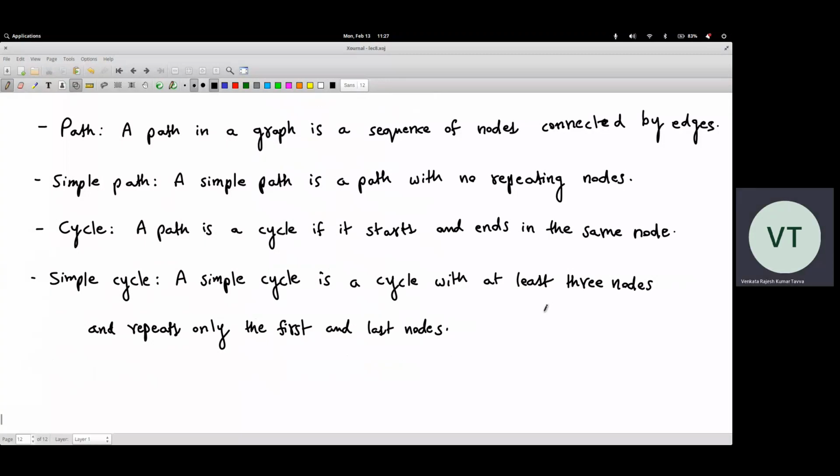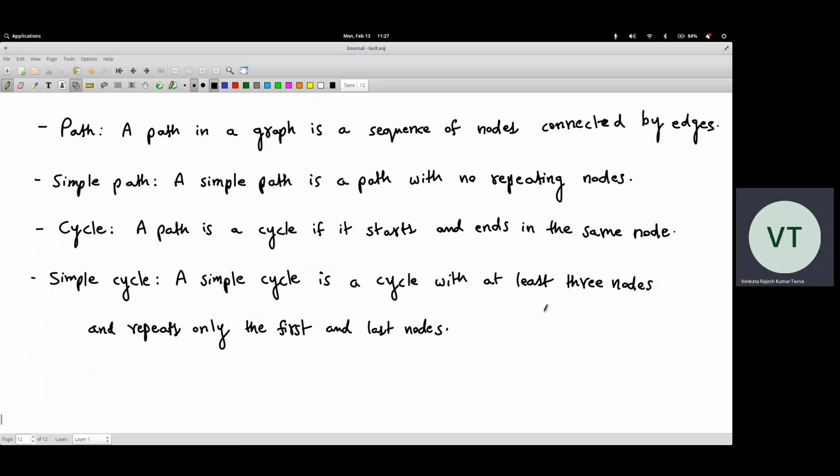So you see, we have a path and a simple path. We have a cycle and a simple cycle. The difference between cycle and simple cycle is that a cycle begins and ends at the same node, and a simple cycle also begins and ends at the same node. But in a non-simple cycle, you can revisit any node any number of times.